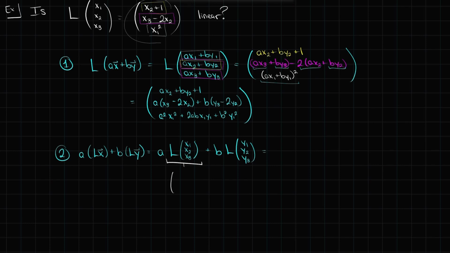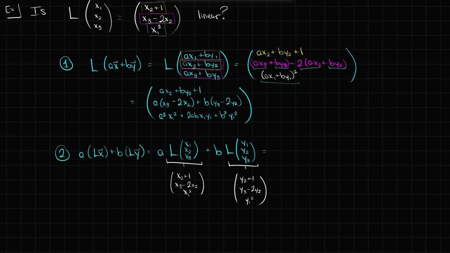This is just the L given to me up top: x2 plus 1, x3 minus 2x2, and x1 squared. L of the y's, I'm just going to replace each x with a y. That's y2 plus 1, y3 minus 2y2, and y1 squared.